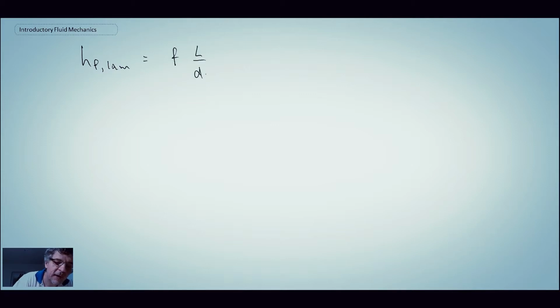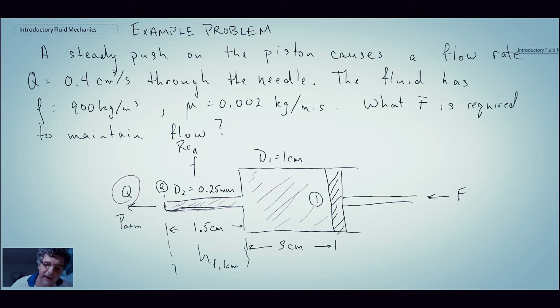So in the Darcy-Weisbach equation, again using our average velocity across the cross-section of our tube or pipe, we get a number of 14.18 meters. Now, if I come back to the schematic, I'm going to neglect head loss in the larger diameter part of the syringe.